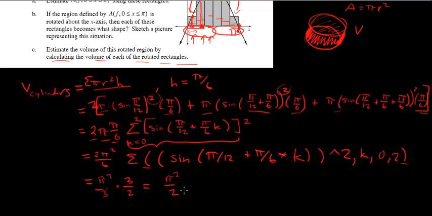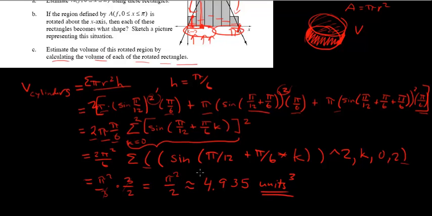Okay, now that's what our volume equals exactly of the cylinders when you add them up. So approximately, just put in your calculator pi squared divided by 2, and then use the approximate symbol, and I get 4.9348. So that 8 makes this next one a 5 units cubed.